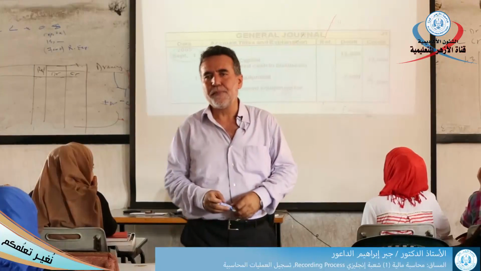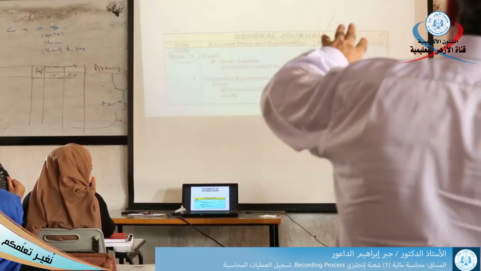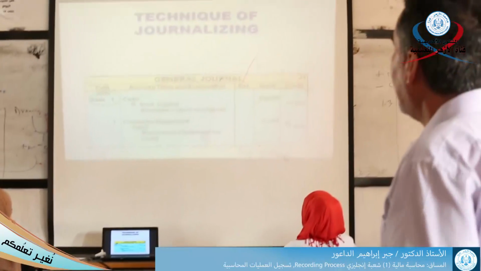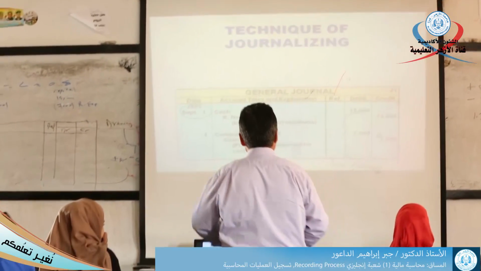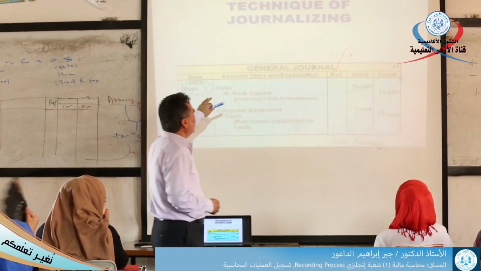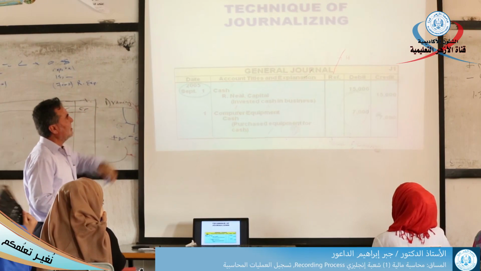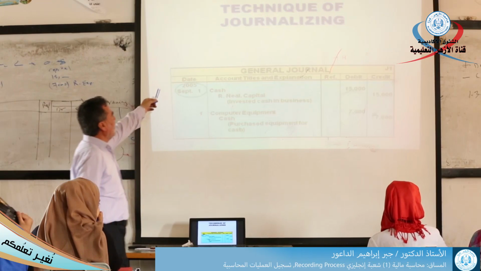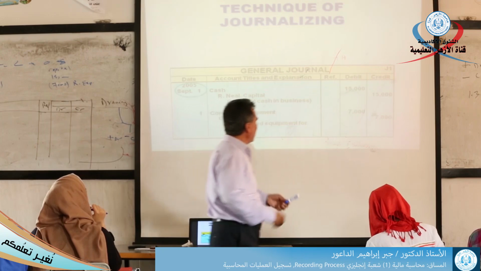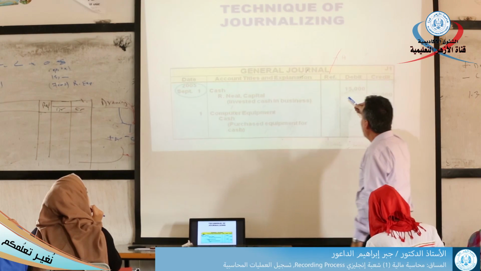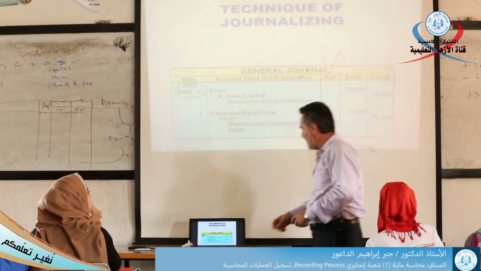Let's continue. Okay, so look, the technique of journalizing: the general journal, like this table, column for date, column for the transactions, column for reference, and column for debit amount, and column for credit amount.